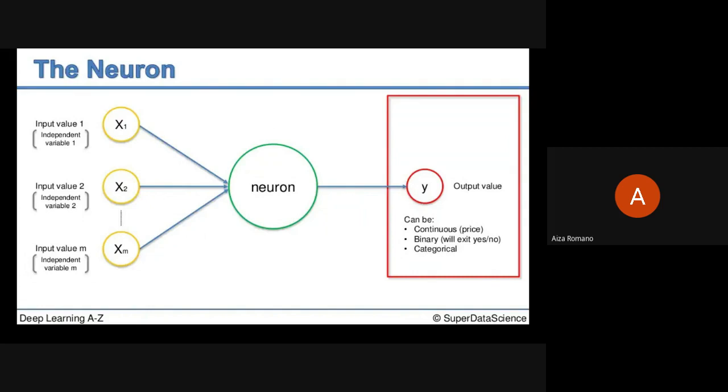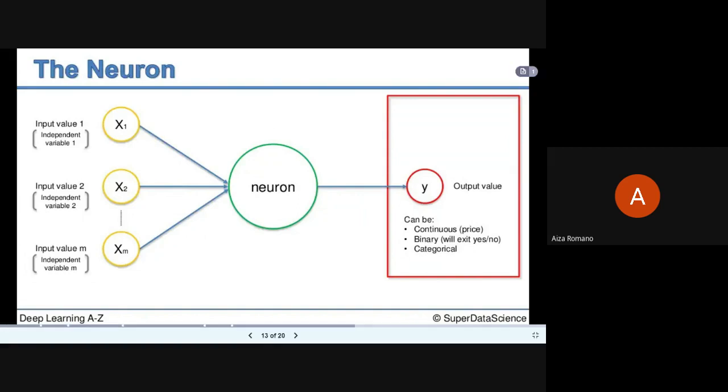Or it can also be a categorical variable. If it's a categorical value, the important thing to remember here is that in that case, your output value won't be just one.